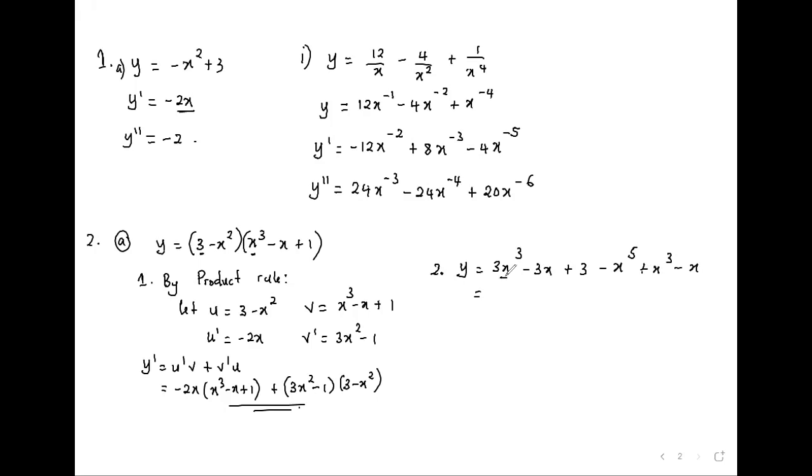So we have 3x^3 and x^3 there. So we can start with x^5 and then plus 4x^3 and then minus 4x and then plus 3. Then we do y prime. So we have minus 5x^4 plus 4x squared minus 4. So if you were to expand this, it will lead us to that answer. They are the same, except we haven't just expanded.